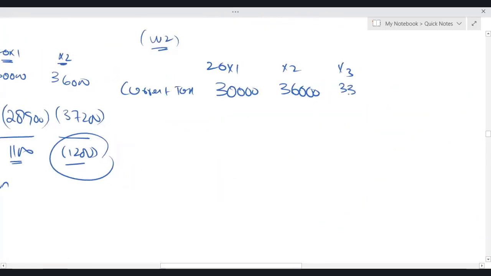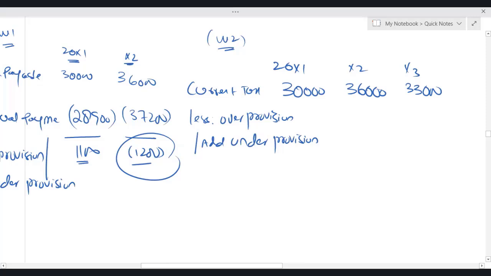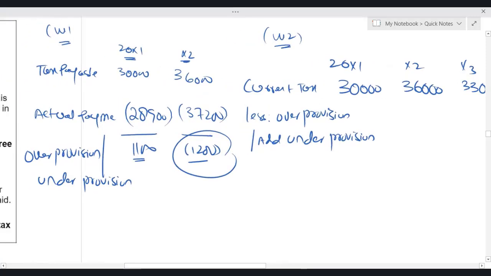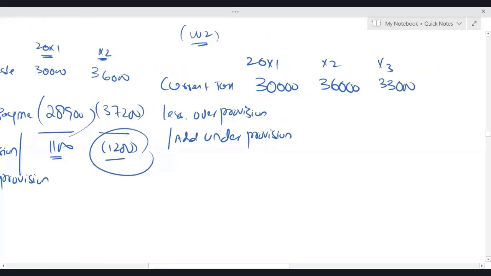Now, we will less over provision and add under provision. So basically, this negative sign should not disturb you. If this negative sign is disturbing you, you can do one thing. Let me show you that. Conceptually, we know that over provision reduces your income tax expense.